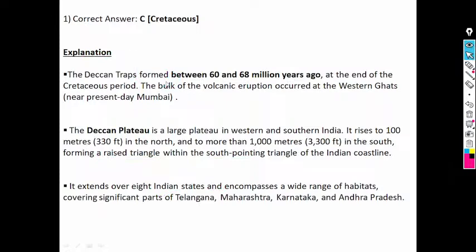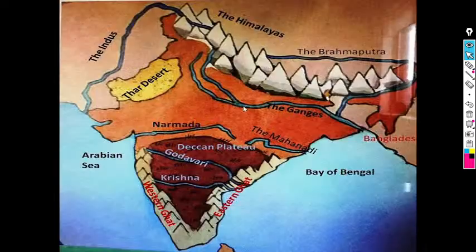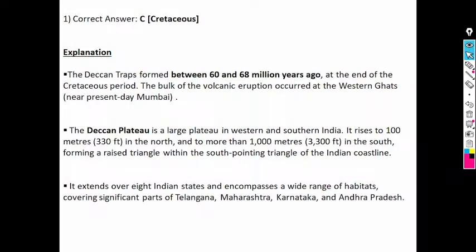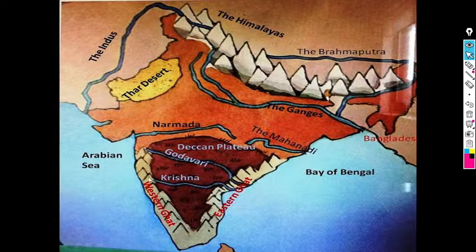Here, the first question: in which of the following geological periods did the volcanic lava flow take place in the Deccan Plateau of India? The answer here is Cretaceous, right? Just have a look. This is your Deccan Trap, placed in between your Western Ghat and Eastern Ghat.